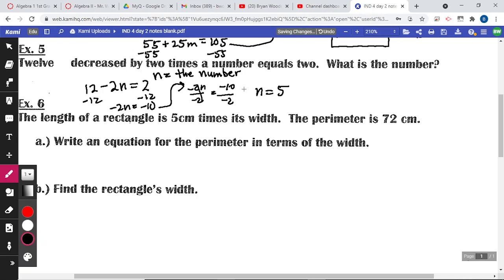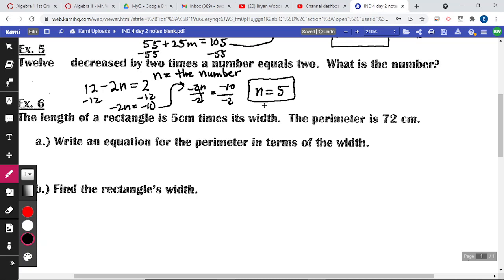And the interpretation of that is, well, that's what the number is. It's a story problem, but it's a story problem that's about some abstract numbers, not about an actual physical thing. So n equals 5. That's it for that one.